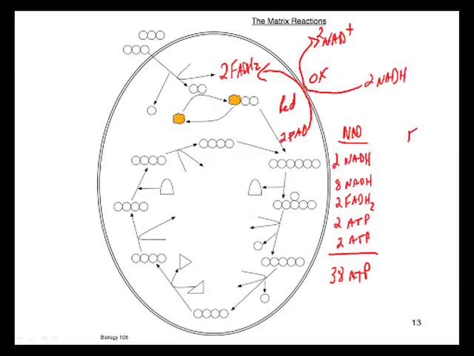Okay, if we look at the FAD shuttle, instead of getting 2 NADH from glycolysis, instead we have 2 FADH2s. We still get our 8 NADH from the membrane reactions and our matrix reactions, and our 2 FADH2s from the matrix reactions, 2 ATP and 2 ATP from glycolysis.